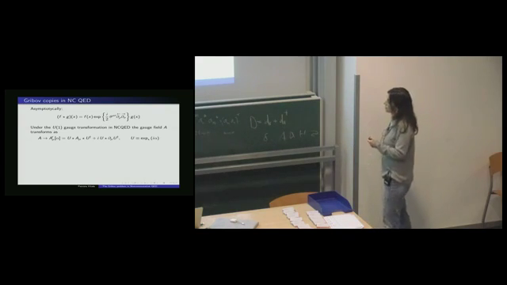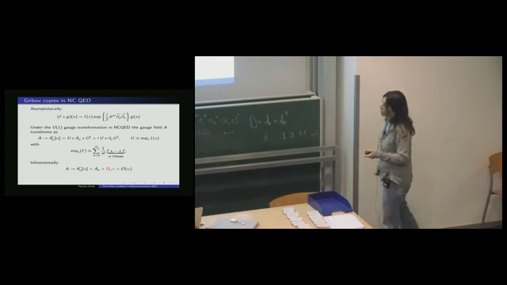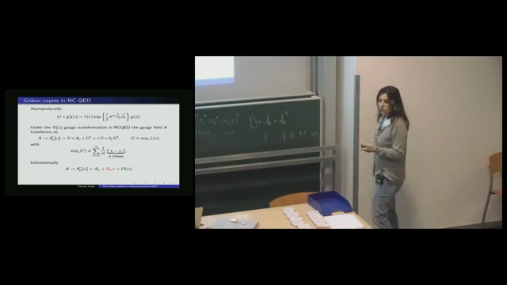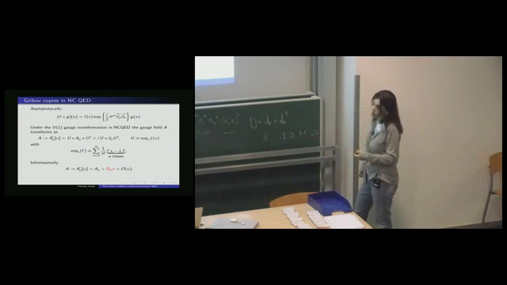U is a star exponential, namely it is a series. And I can write the infinitesimal gauge transformation, which now has here this d mu alpha.